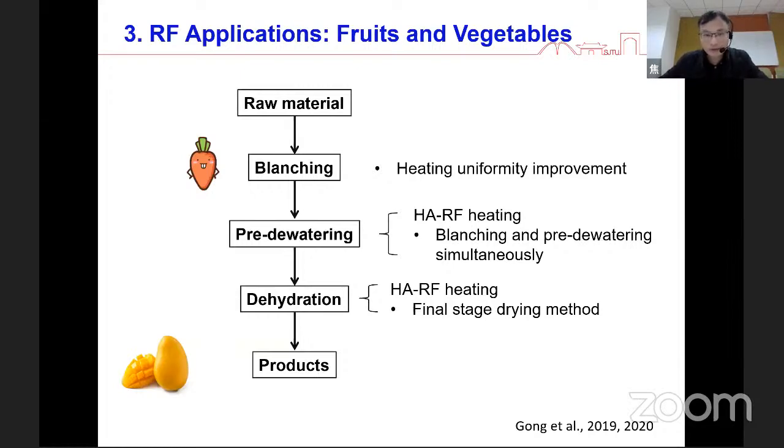So we determined that for pre-dewatering, it would be better to use the osmotic dehydration method to remove part of the moisture content. And then for the final stage drying, we can use hot air assisted RF heating to increase the whole drying process efficiency.